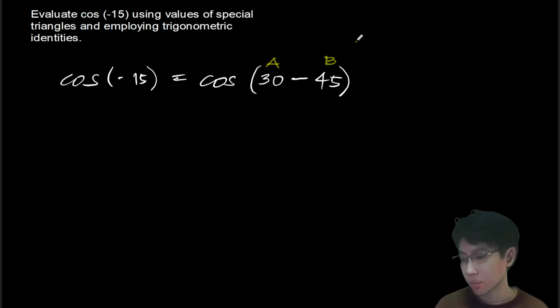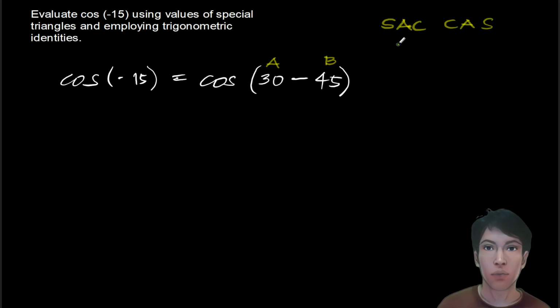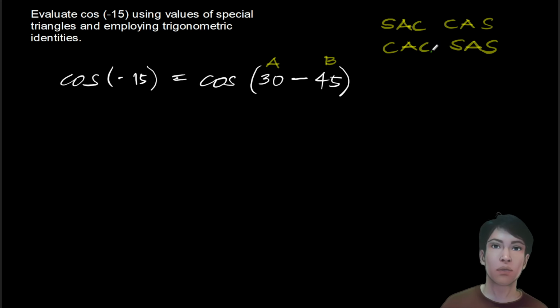So I have a sort of a pattern for the formula, so that I'll just share it with you. So I have here sak, kas, and kak, sas.